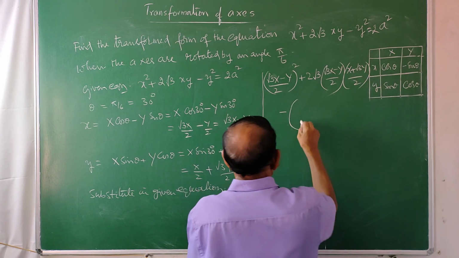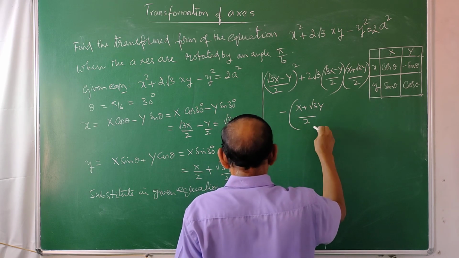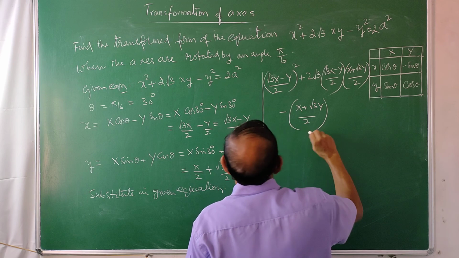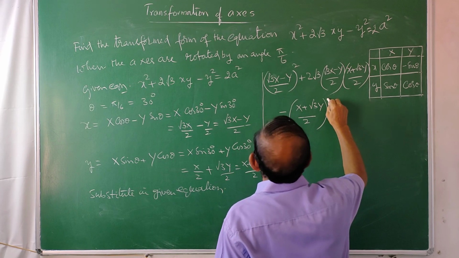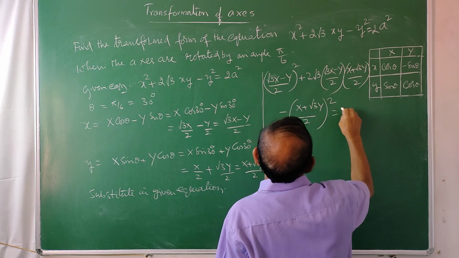Y square means x plus root 3 y by 2 whole square, is equal to 2a square.